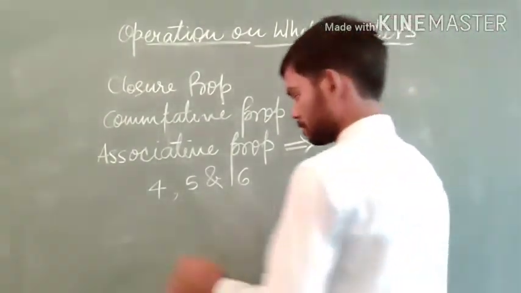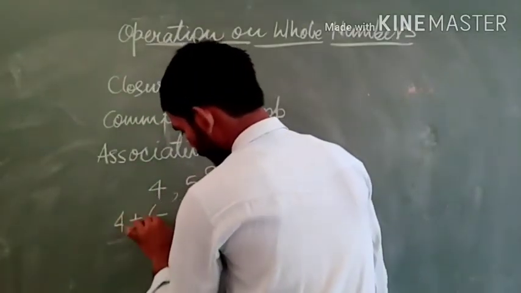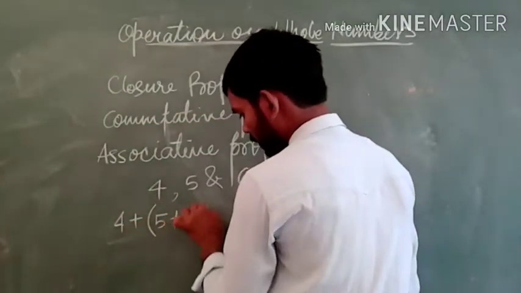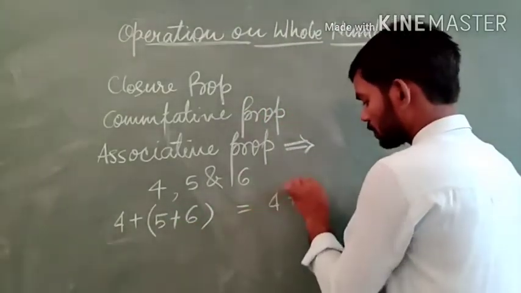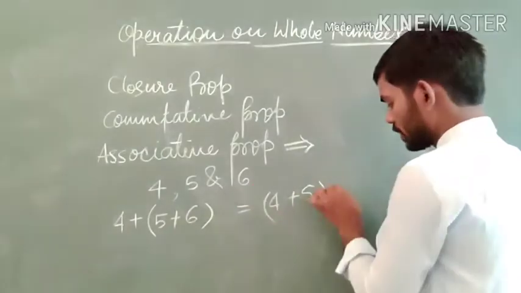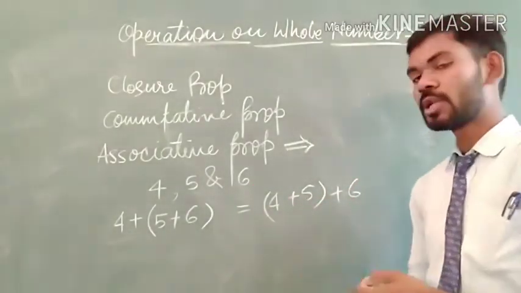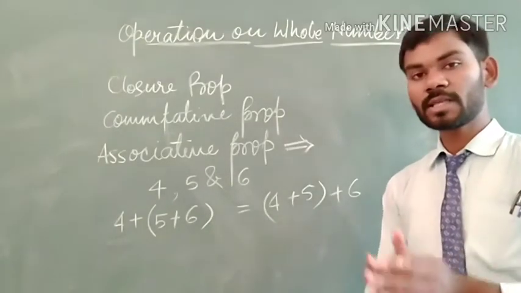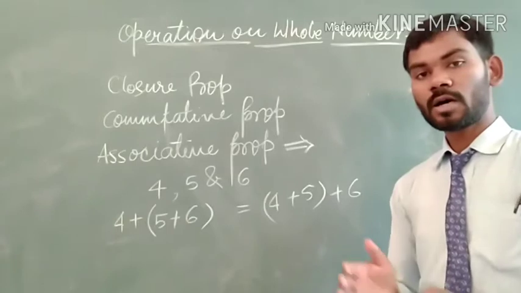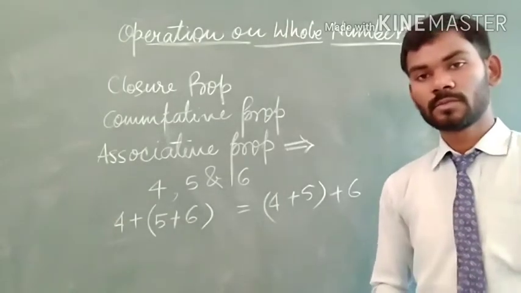Then if 4 plus (5 plus 6) is equal to (4 plus 5) plus 6, then we say that whole numbers hold good for associativity under the operation of addition.